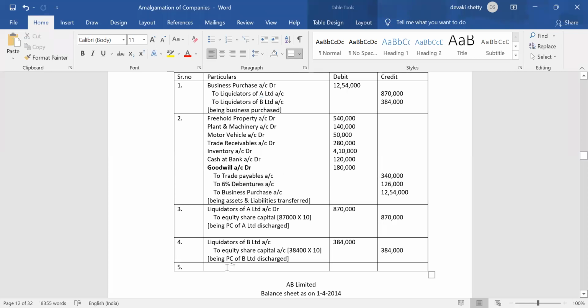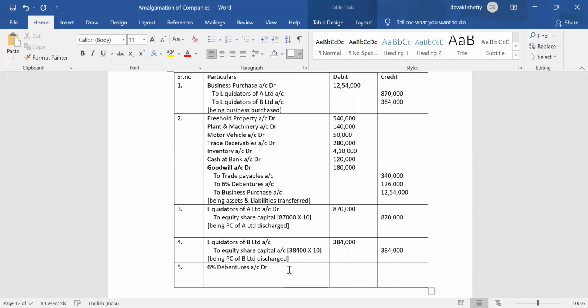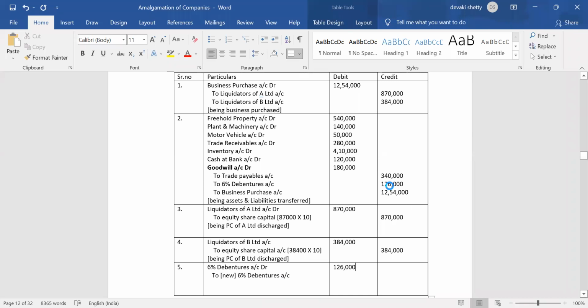सो कैंसल करेंगे तो क्रेडिट का ऑपोजिट डेबिट, एंड यहाँ पे वी विल बी गिविंग न्यू 6% डिबेंचर्स अकाउंट. 1,26,000 इधर भी था क्रेडिट का डेबिट कैंसल करने के लिए, और ये न्यू बीइंग डिबेंचर्स. What has happened here?